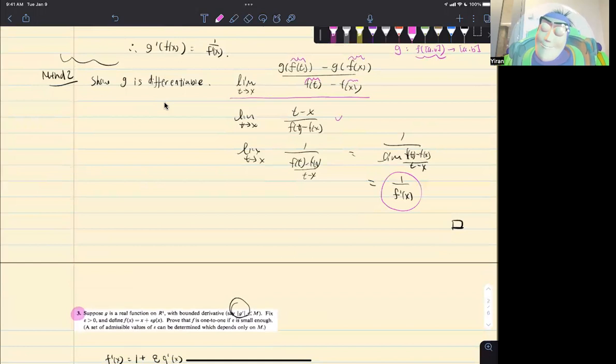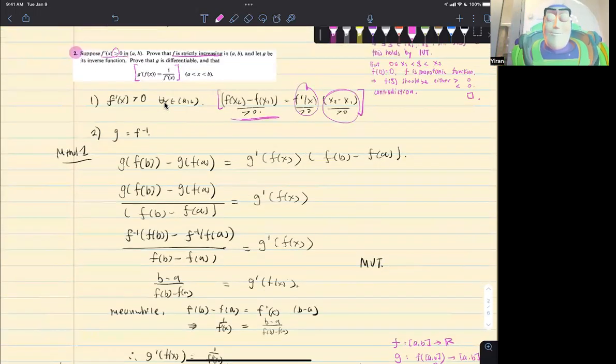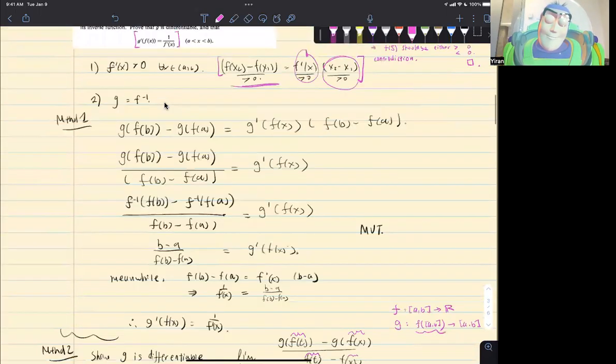Because we have this and we know f is differentiable, we know this is defined. Therefore the limit is defined, therefore g is differentiable. In particular, we can prove the two things together: we also prove that g prime is equal to 1 over f prime of x. Okay, so that is this problem.